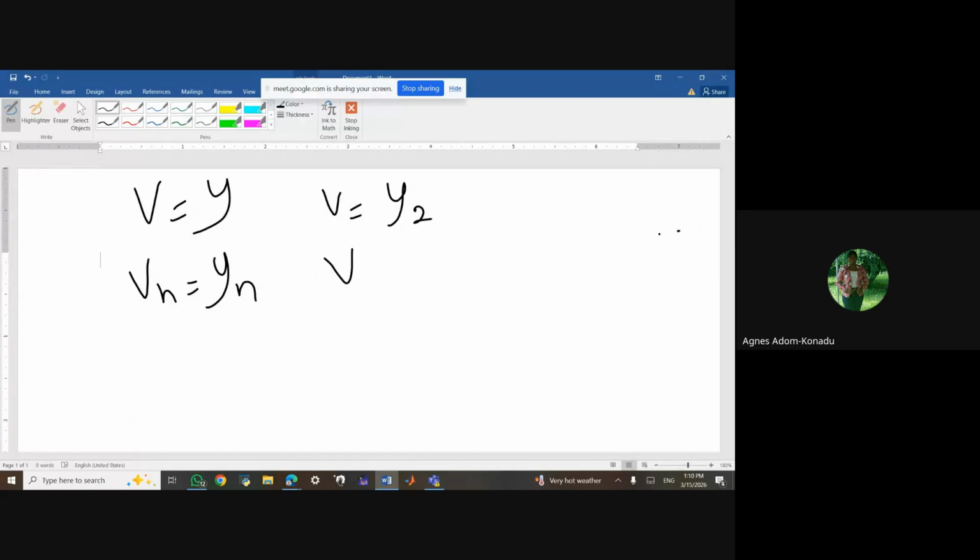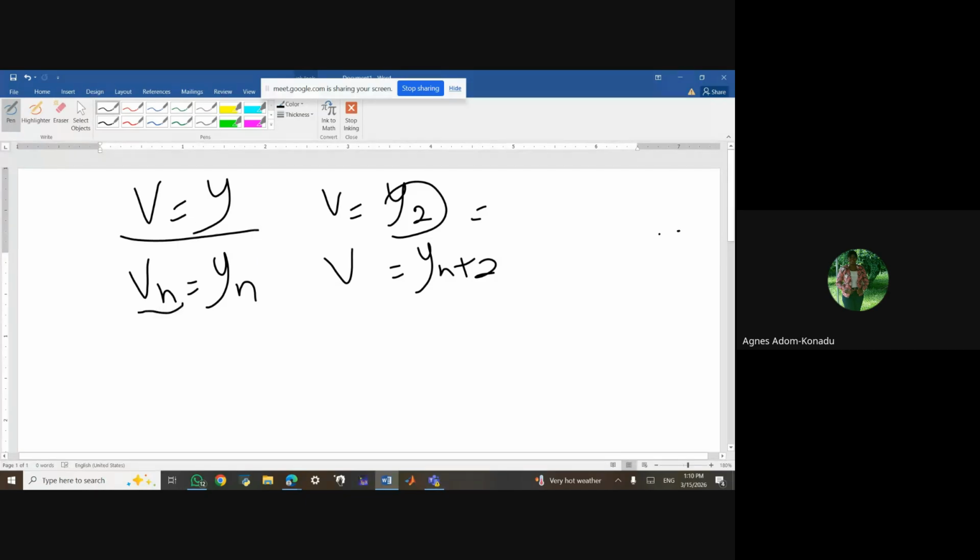So the nth differential of this will be y sub n plus 2. When we talk about the nth differential, we are talking about differentiating v n times, which is the same as d^n v over dx^n. And this is equal to d^n y over dx^n. And he's saying it's not correct.